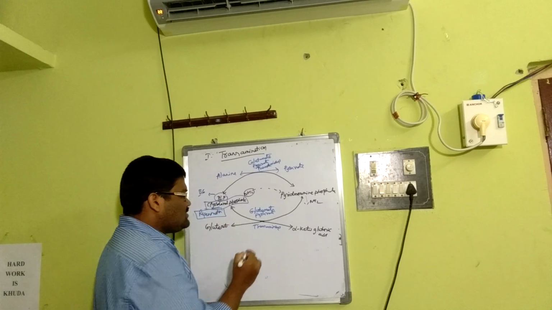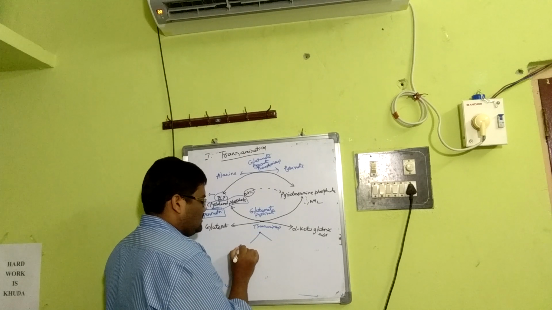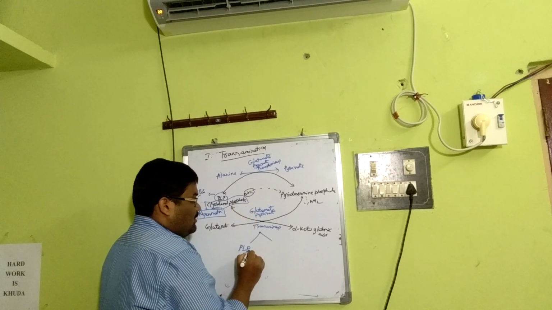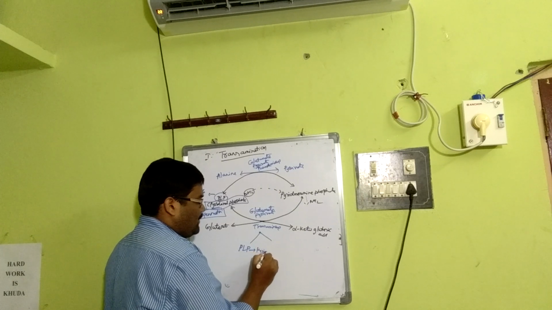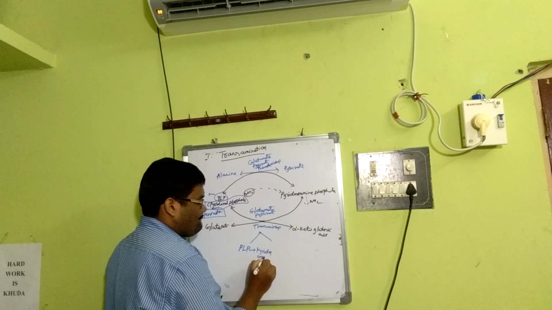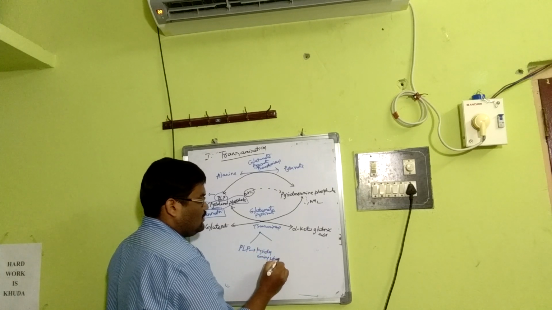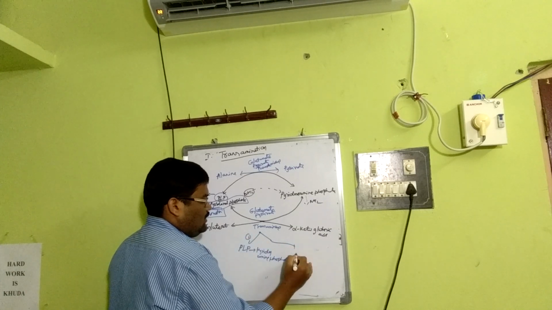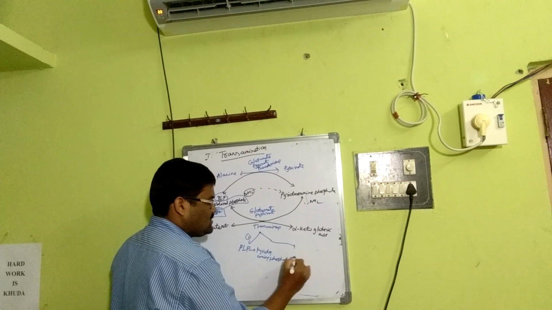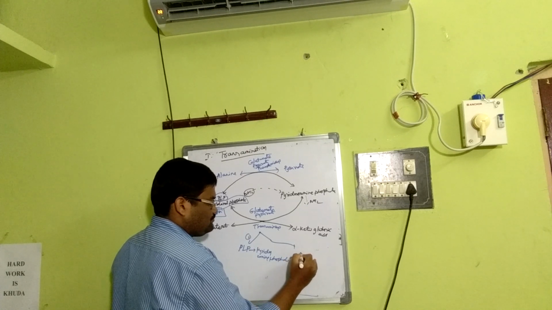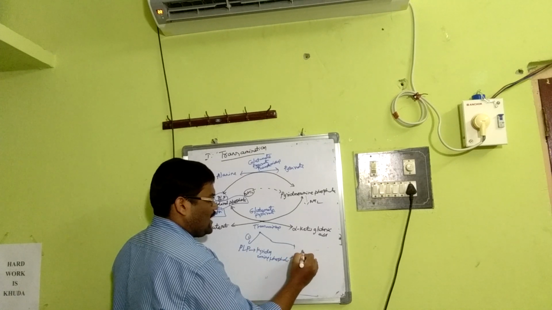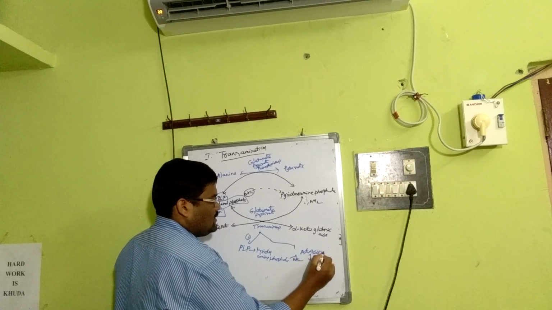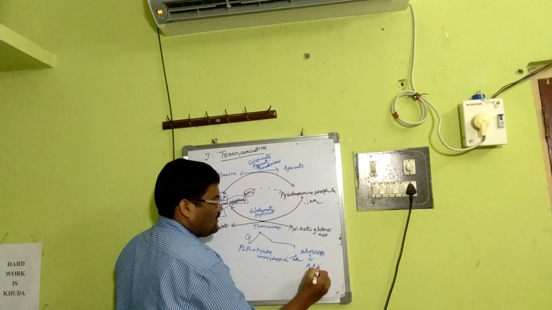So it will take place in two steps. The first is PLP formation. That means PLP becomes pyridoxamine phosphate, and the second one is pyridoxamine phosphate transfers the amino group to a keto acid, so that it becomes a second amino acid.